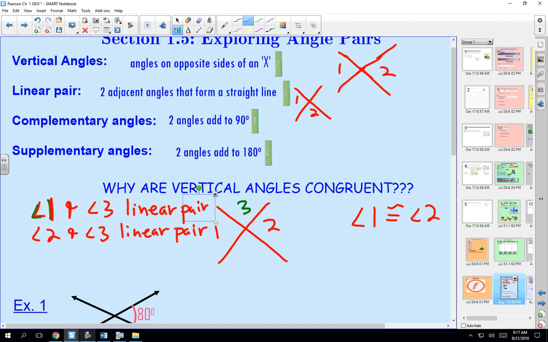So would you agree that both of these then, measure of angle 1 plus measure of angle 3 equals 180, and measure of angle 2 plus measure of angle 3 also equals 180, then they are equal to each other.